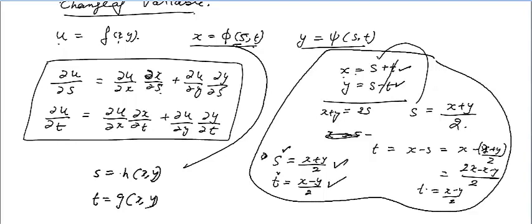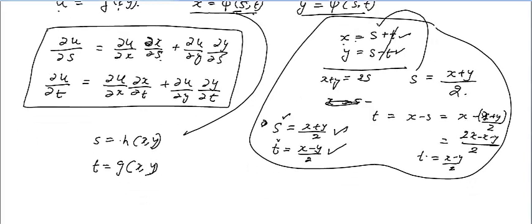So if you want to find ∂u/∂x, it will be written as ∂u/∂s times ∂s/∂x plus ∂u/∂t times ∂t/∂x.